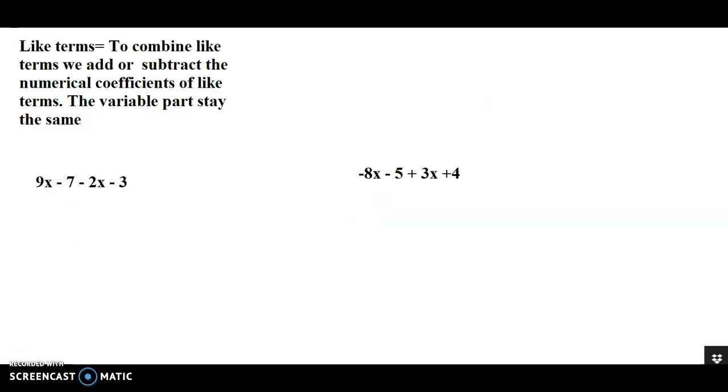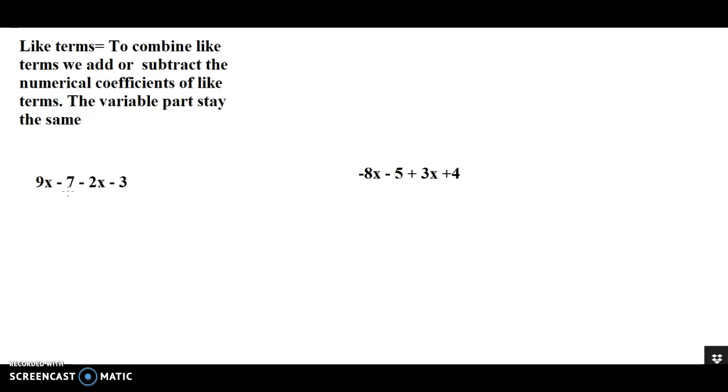So now let's look at these two problems in reference to combining like terms. Well, when we look at our first problem, we have there 9x minus 7 minus 2x minus 3. Now, 9x and 7 is not considered to be like terms because they don't have the same variable attached to it.